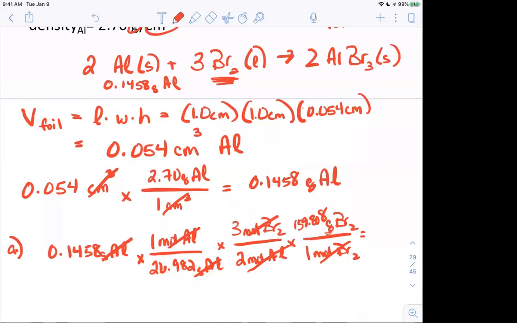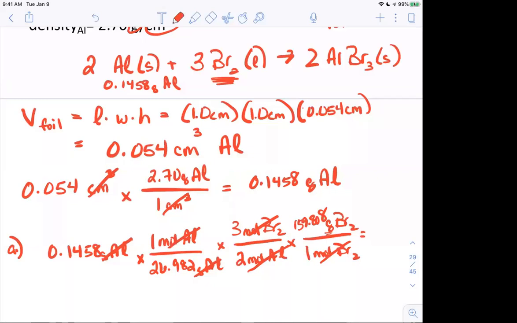So I have 0.1458 times 3 times 159.808, so that's across the top, divided by 26.982, enter, and then I'm going to do divided by 2.